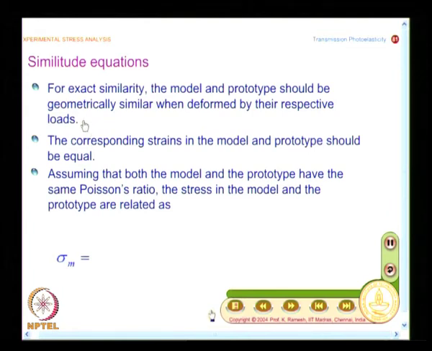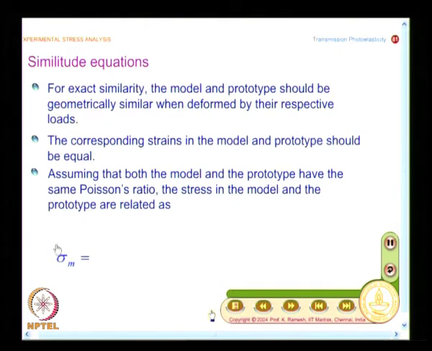So, what we look at here is the strains developed in the model and prototype should be equal. This is the desirability, and I said in all experimentation Poisson's ratio is a nuisance. Assuming that both the model and the prototype have the same Poisson's ratio, the stress in the model and the prototype are related.